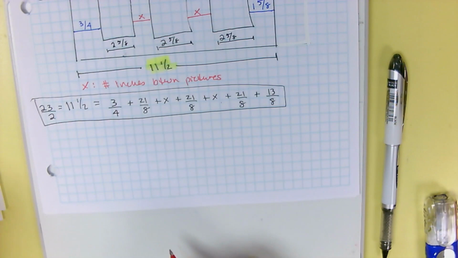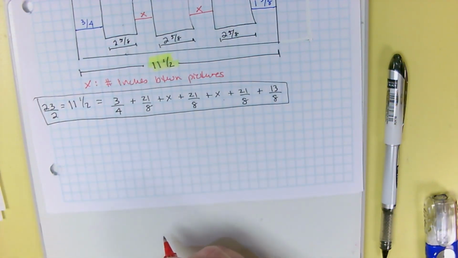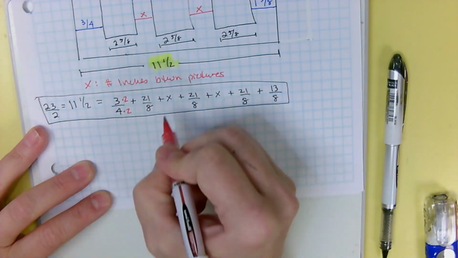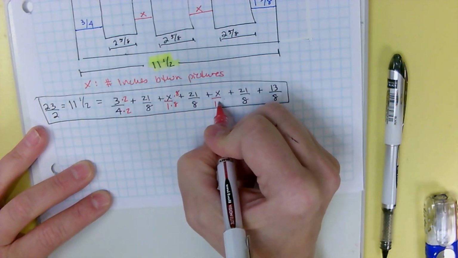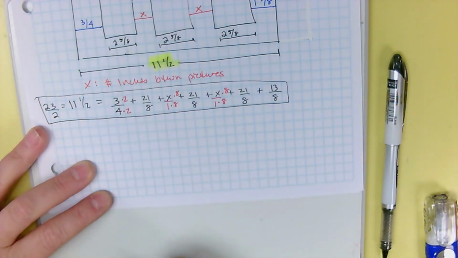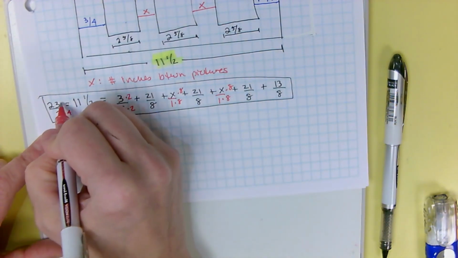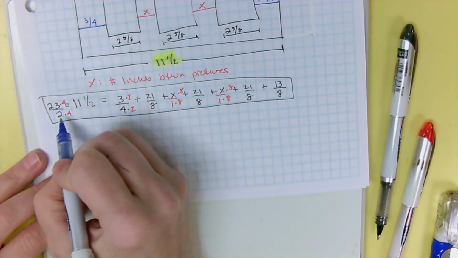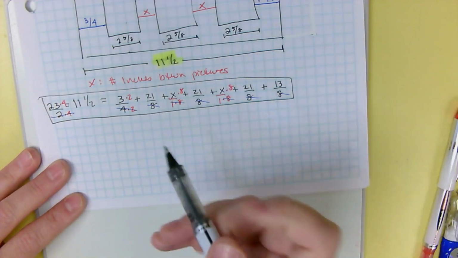And most likely for this equation, you'd want to clear the fractions because that's a heck of a lot of fractions. So you can make them all 8. So if you multiply this one by 2/2, multiply the x by 8/8, multiply the other x by 8/8, and then multiply 23/2 by 4/4. So if you make all the bottoms 8, then you can cancel out the bottoms.